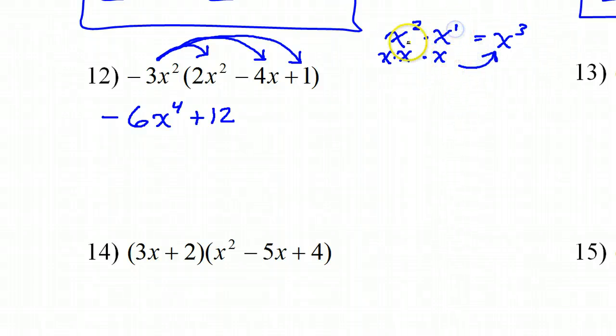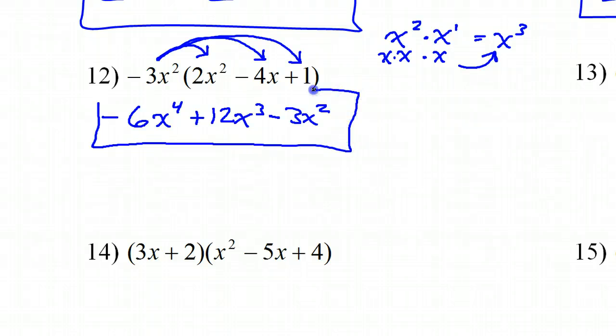Another way to look at it is, this is x squared, it has a 2, and x is like x to the 1 power. And basically you add those exponents and get 3. Either way you want to look at it. So when I do x squared times x, I'm going to get x to the third power. And finally, multiplying this times 1 will just give me the negative 3x squared back.